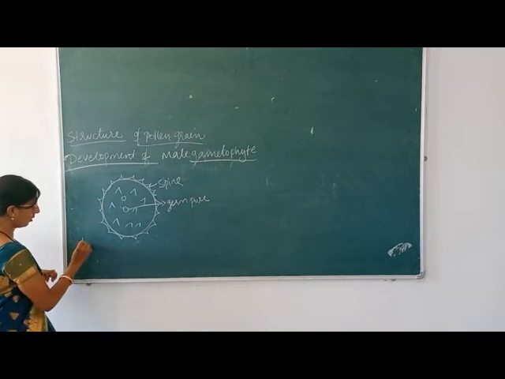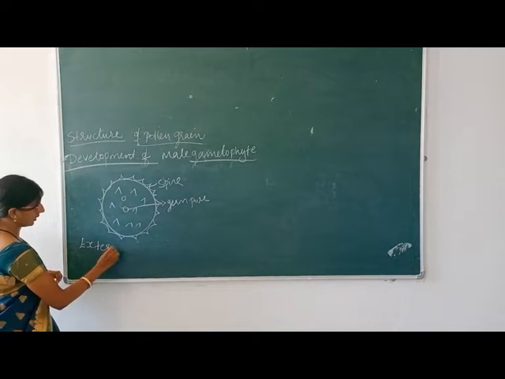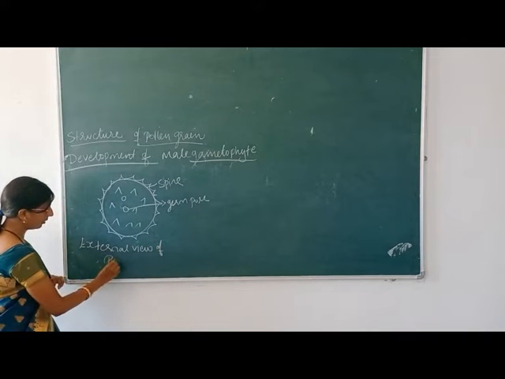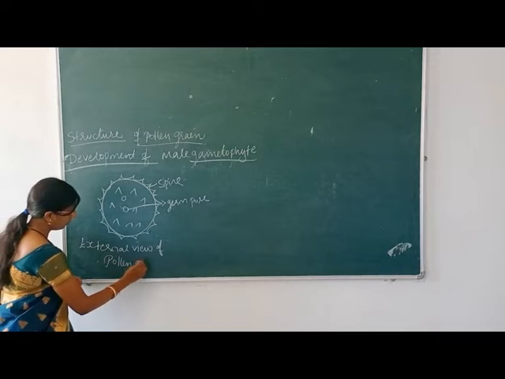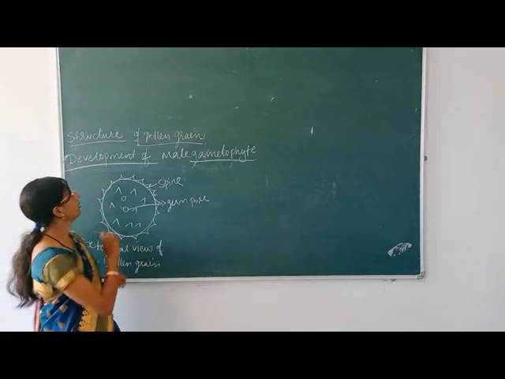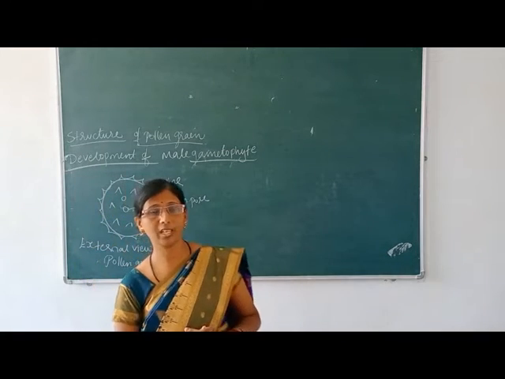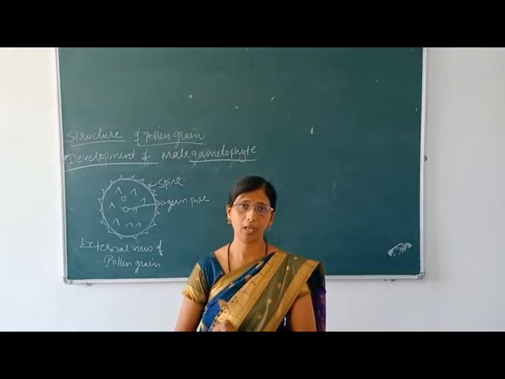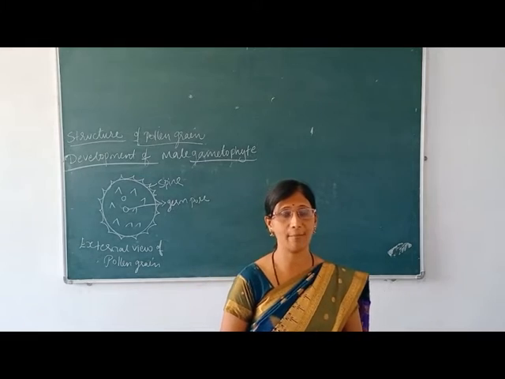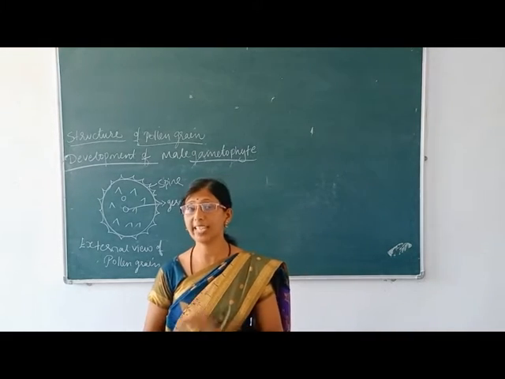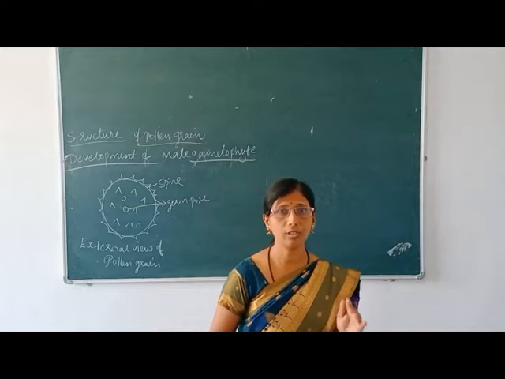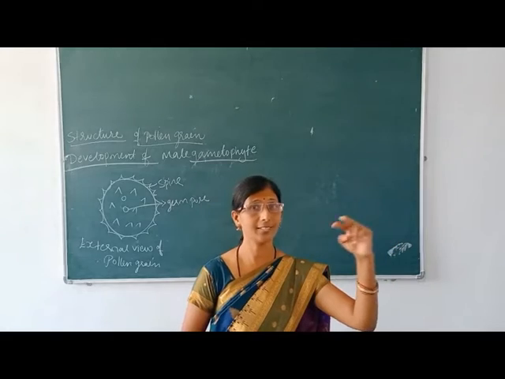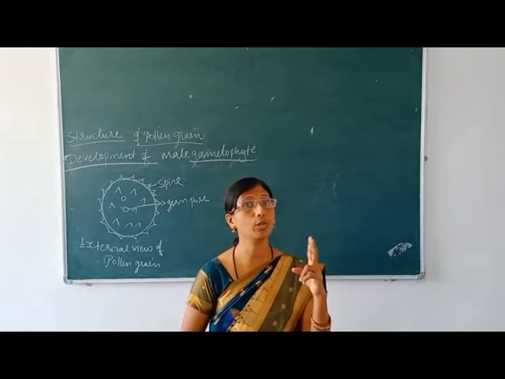This pollen grain is a partially developed male gametophyte because it contains only the two cells, vegetative and generative, and there is no formation of male gametes. When male gamete formation takes place, it is called the mature male gametophyte, meaning the vegetative and generative cells divide to form two male gametes.